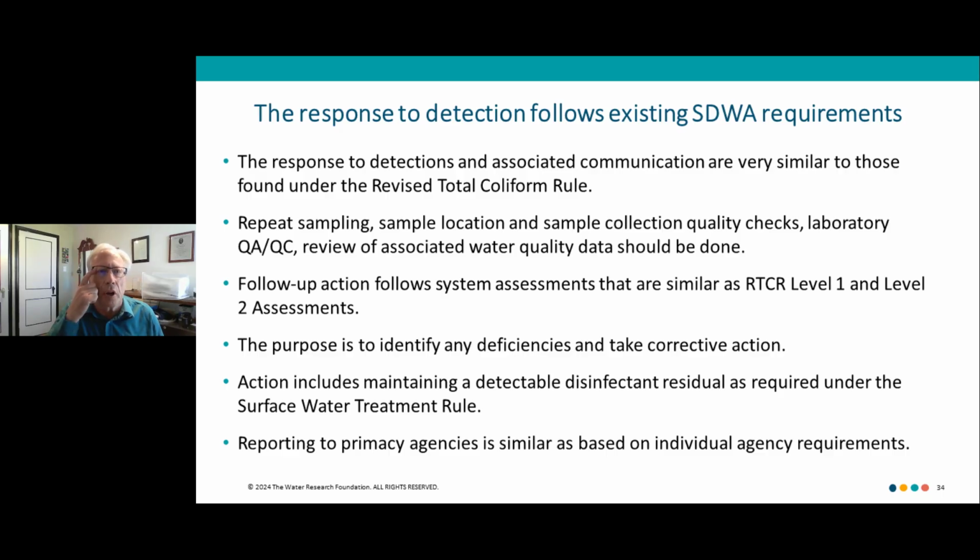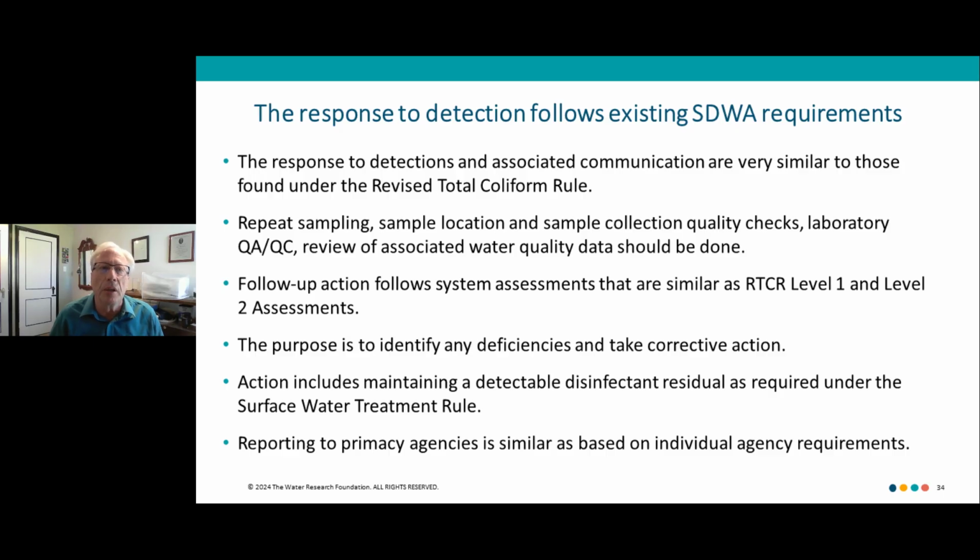So the response to detection of positives follows existing Safe Drinking Water Act requirements. Communication is very similar as under the revised total coliform rule. We're not trying to create something different. We're trying to stay within what we're comfortable and used to doing and familiar with.